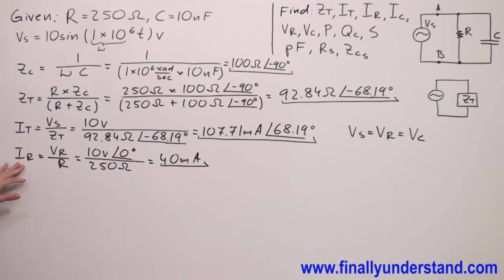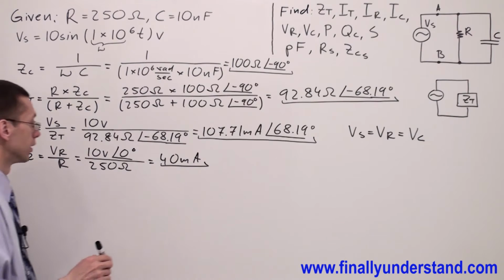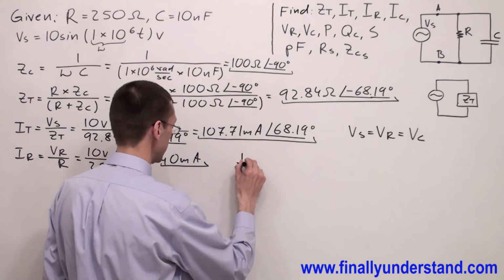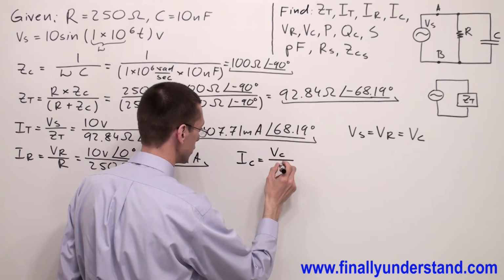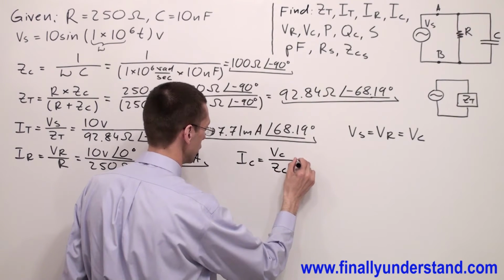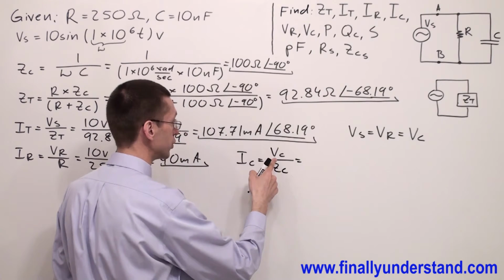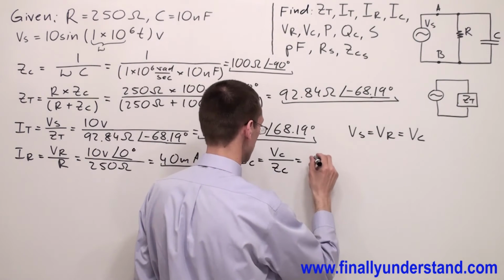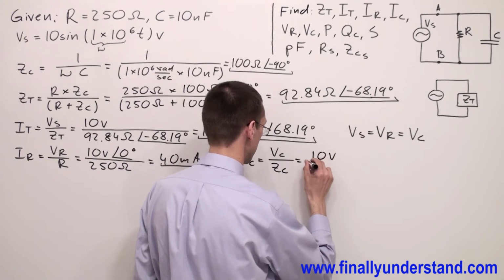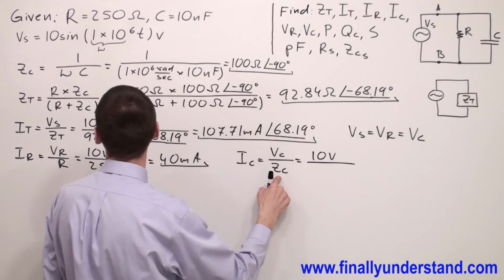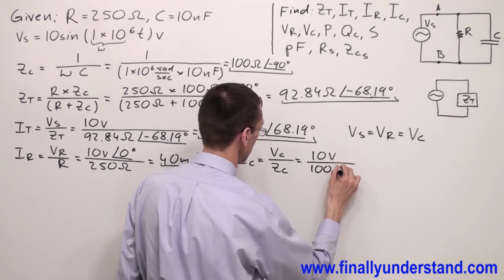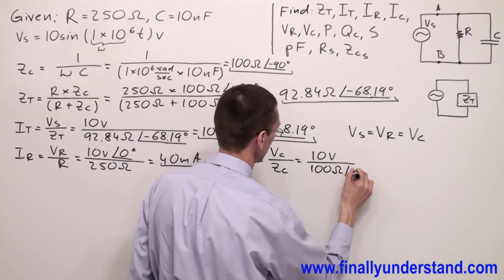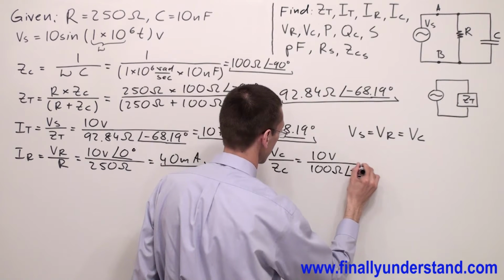Next, I'm supposed to find the current which goes through the capacitor. Okay, so I'm going to write over here IC is equal to voltage across the capacitor over the impedance of the capacitor, where voltage across the capacitor we said is equal to the voltage source, which is equal to 10 volts, over Z of C, which is equal to 100 ohms and angle of negative 90 degrees.